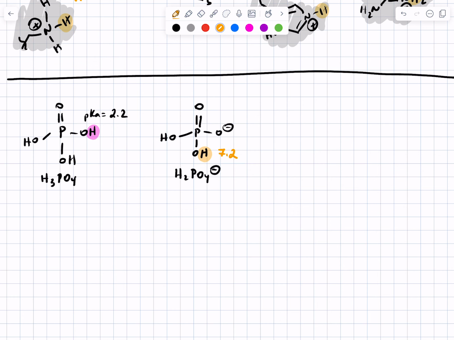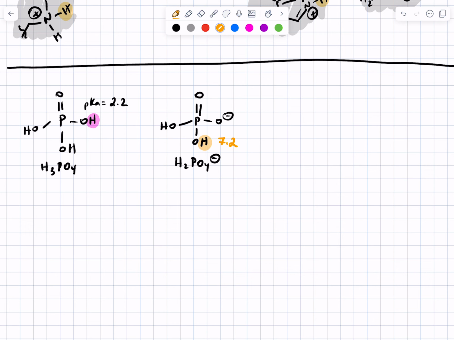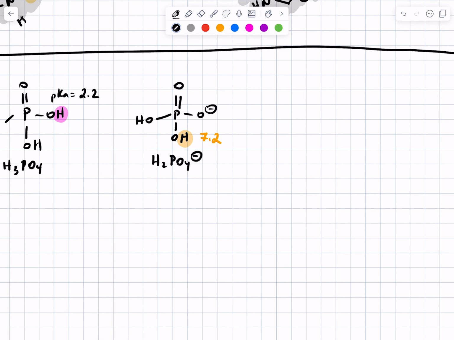That's close to physiological pH. So actually phosphate buffer is a really good buffer for biochemical experiments because you can keep the pH pretty close to physiological pH. So that's dihydrogen phosphate. It's in equilibrium with monohydrogen phosphate, HPO4 2 minus.